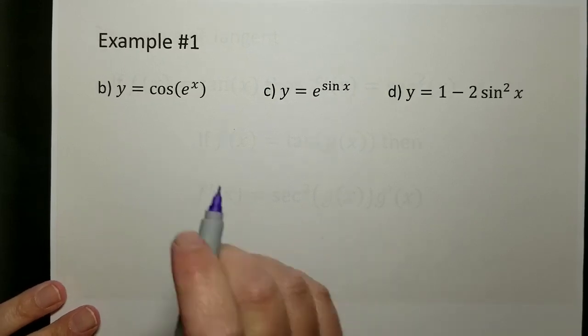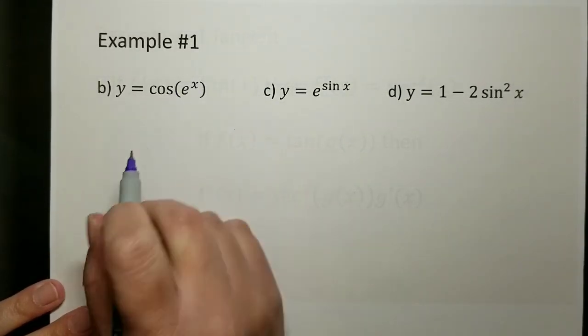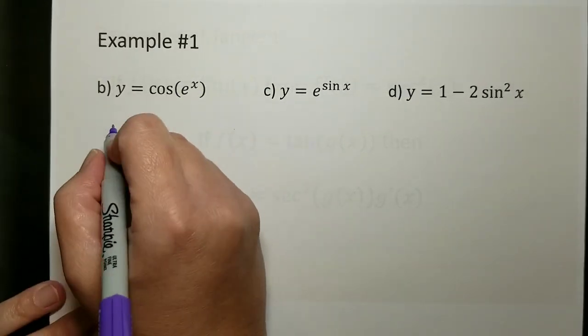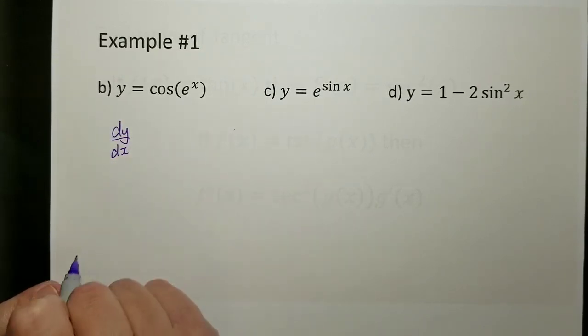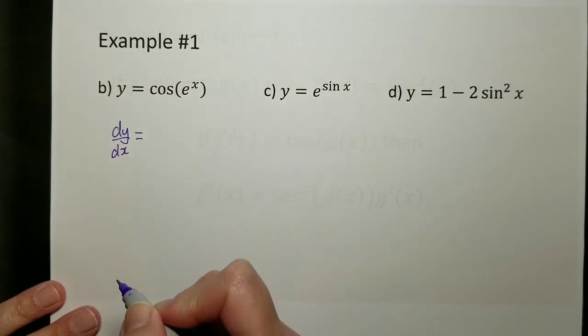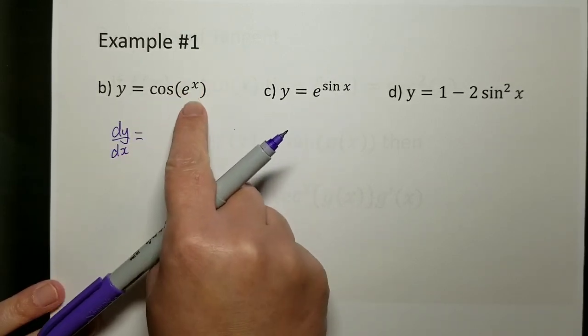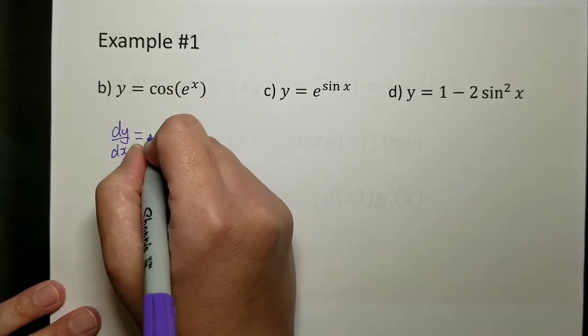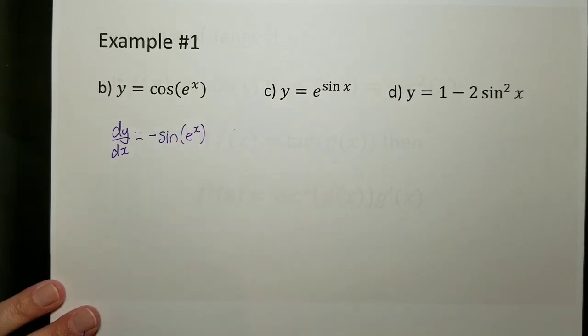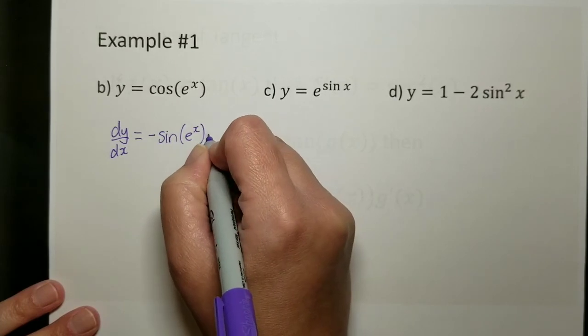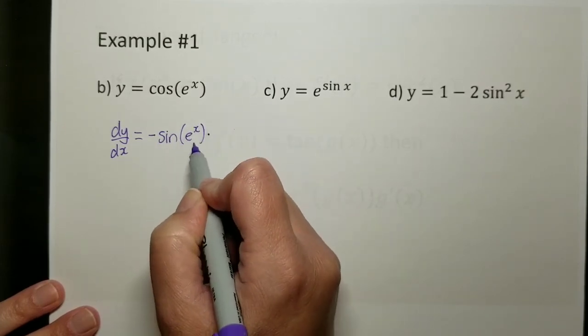So y equals cos of e to the x. So we're kind of combining together what you did in the previous lesson, because now I've got some exponential functions, which is okay. So I have cos of something. The derivative of cos is negative sine and keep the angle the same. Then you have to multiply by the derivative of the angle.